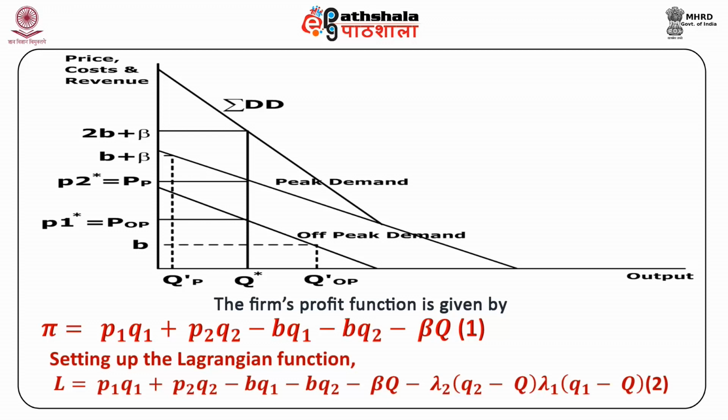Next equation is lambda 1 star greater than or equal to 0, minus Q1 star plus Q star greater than or equal to 0, lambda 1 star into (minus Q1 star plus Q star) is equal to 0, equation 6.